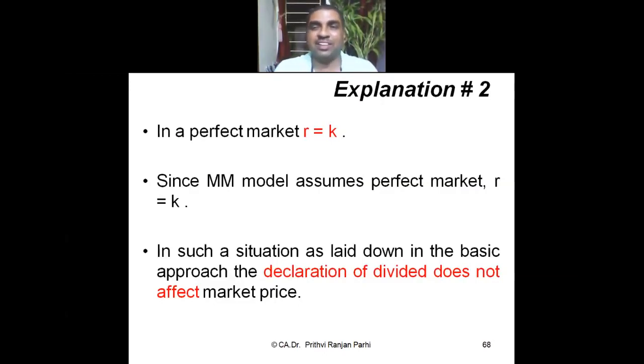So therefore, dividend is irrelevant. The moment we say R is equal to K, that is, the market is perfect, any dividend declaration doesn't affect the market price. Other theories also say the same thing, that any amount of dividend you declare is not going to affect the share price, provided R is equal to K, that is, return will be equal to cost if the market is really perfect.